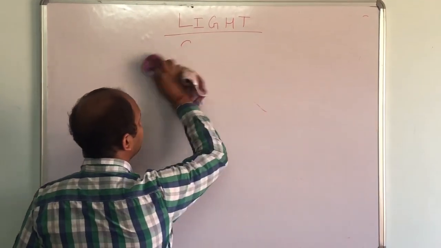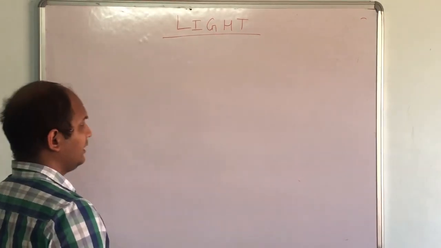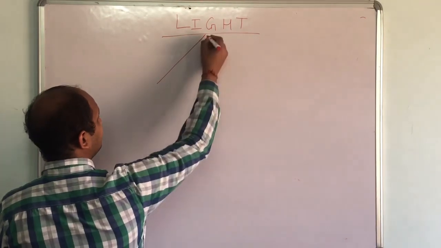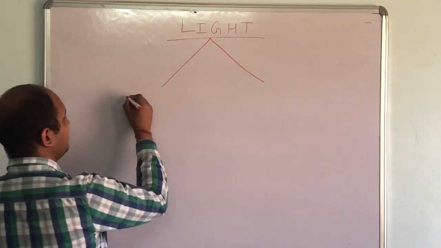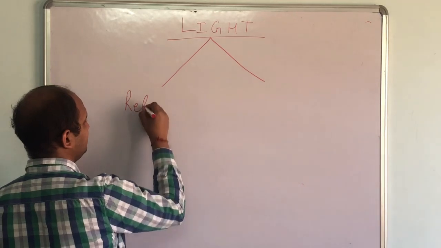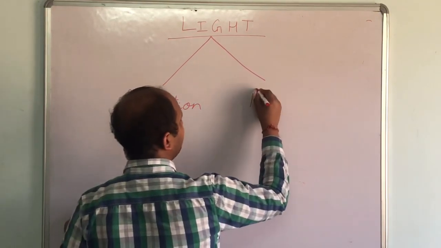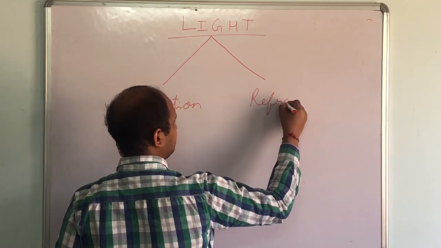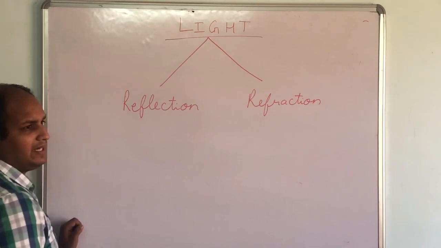The next topic is quite important, that light basically has two processes, that is, one is reflection or refraction. What do you mean by reflection?